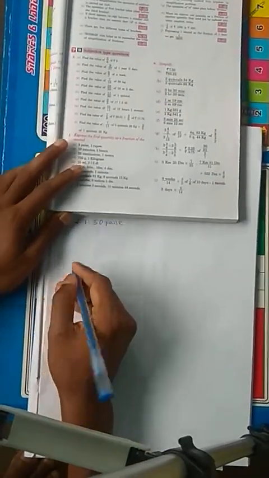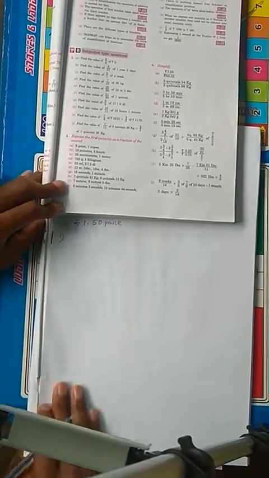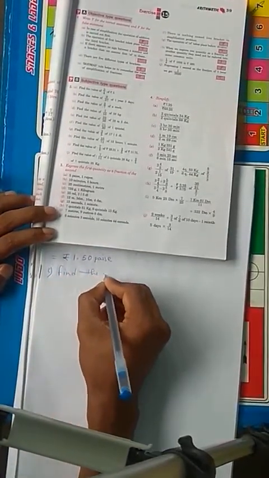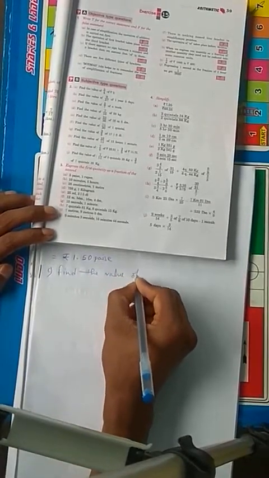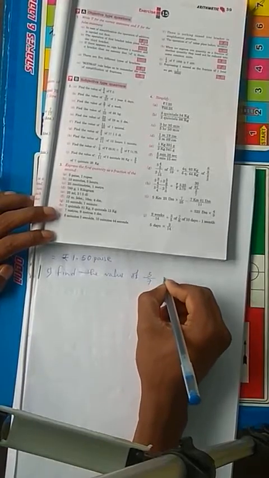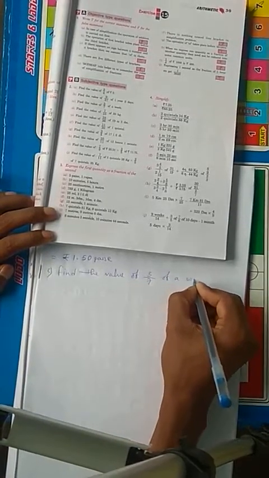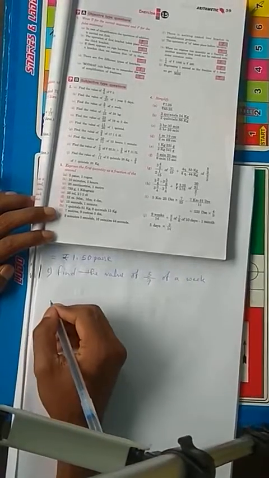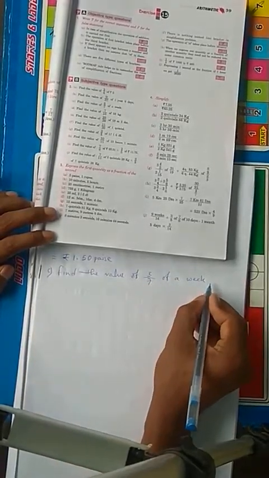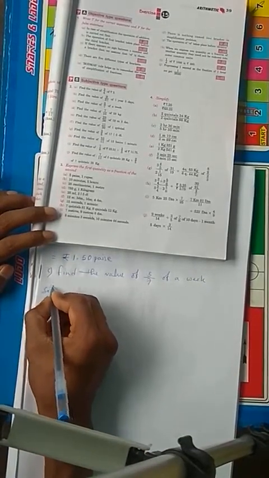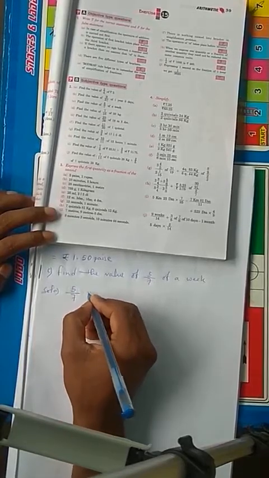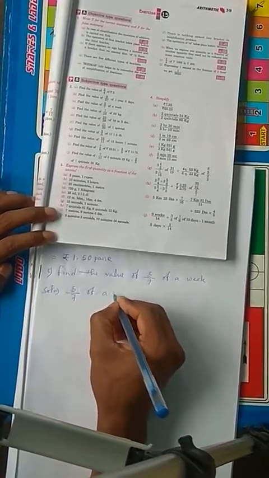So number C I will do it. Number B, do yourself. Find the value of 5 by 7 of a week. Okay, find the value of 5 by 7 of a week. Then solution, we have to find the value of 5 by 7 of a week.